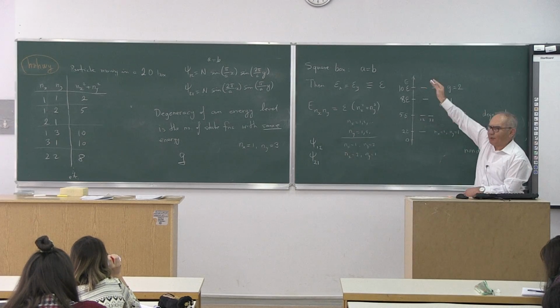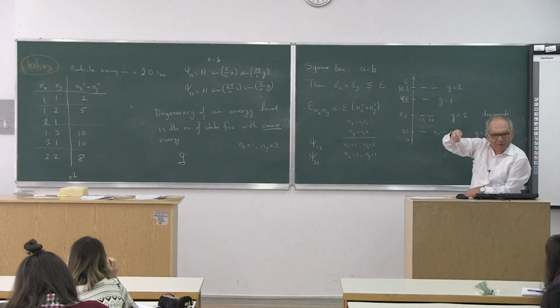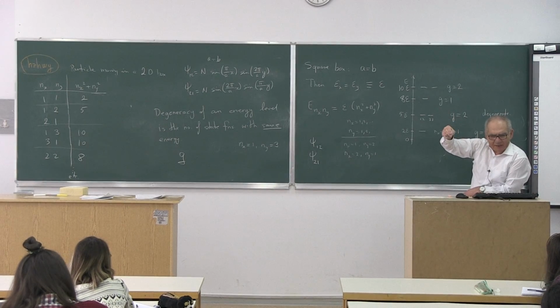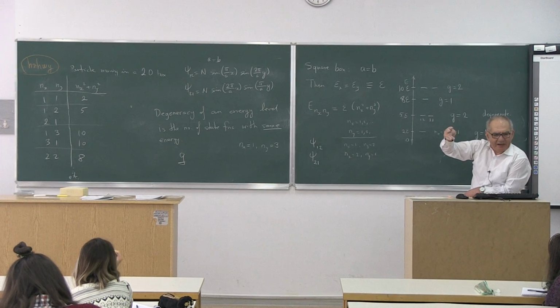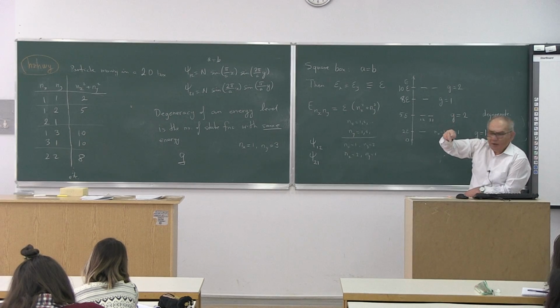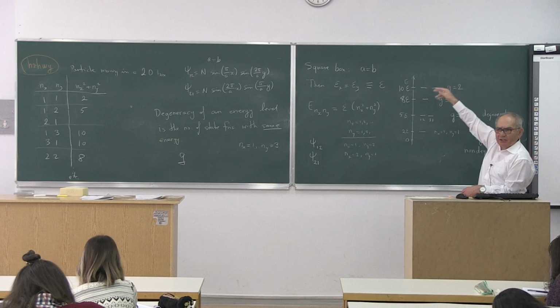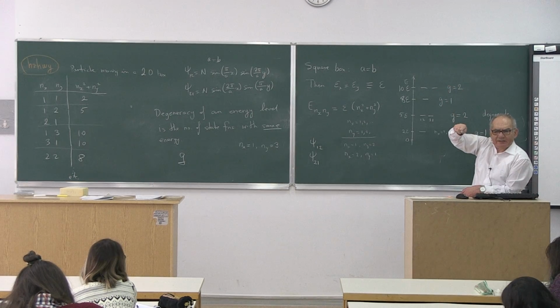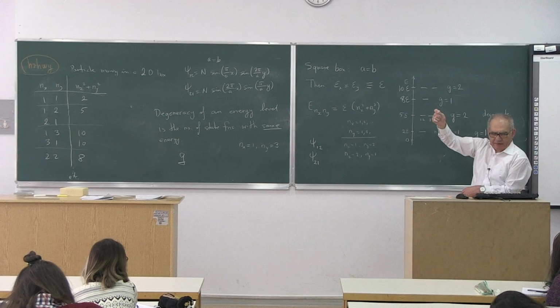If you imagine all possible energies, higher energies, what do you conclude? The maximum degeneracy you will expect is how much? 2. There can be no higher degeneracy. Maximum is 2. But for higher energies also, if Nx is the same as Ny, the level is going to be non-degenerate.